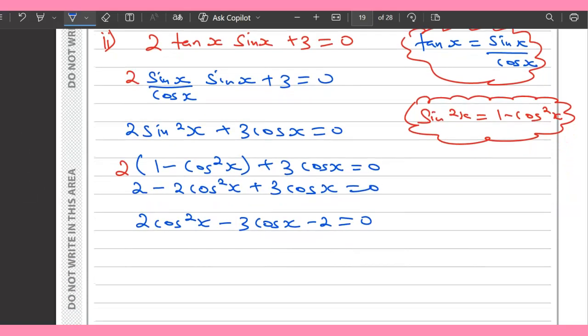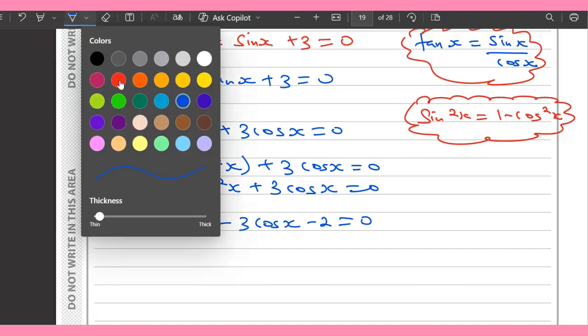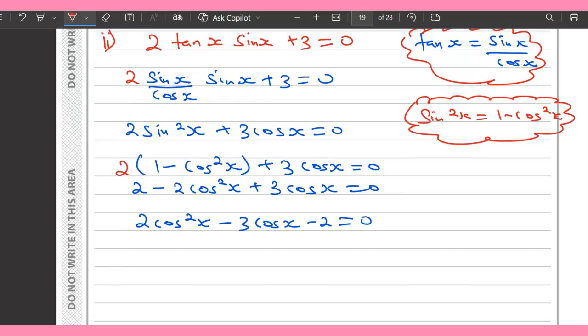Now this is a quadratic equation, and we can solve this by the product-sum rule or substitution. We are looking for two numbers whose sum is negative 3. So the sum here is negative 3, and the product is 2 times negative 2, which is negative 4. In this case, the factors will be negative 4 and positive 1.